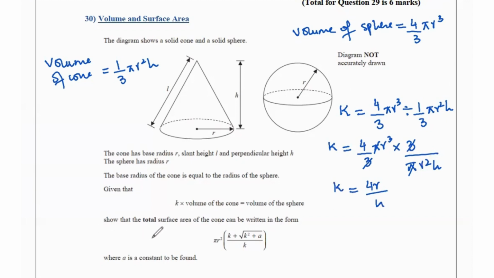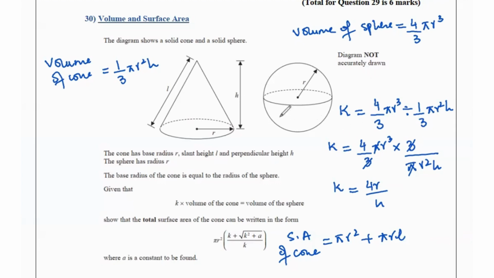We have to show that the total surface area of the cone can be written in the form pi r squared times k plus root k squared plus a over k. So for the total surface area of a cone, the formula is pi r squared plus pi r L. So we can replace r and h with something in terms of k using this formula, but we still need something for L that is in terms of h and r.